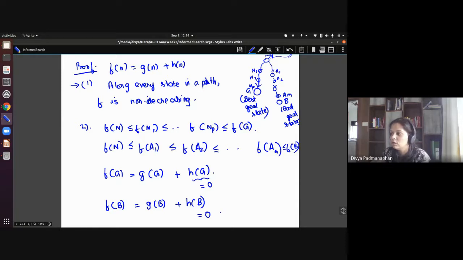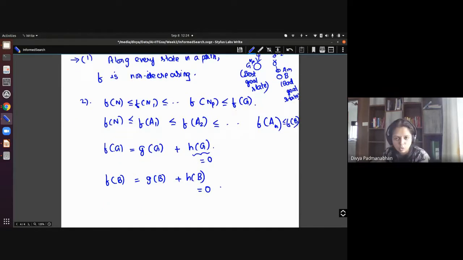The only thing is it's a bad goal state, a suboptimal goal state. So what it means is that g of b, the true cost of going from the start to the bad goal state, is strictly larger than g of capital G, because b is suboptimal.